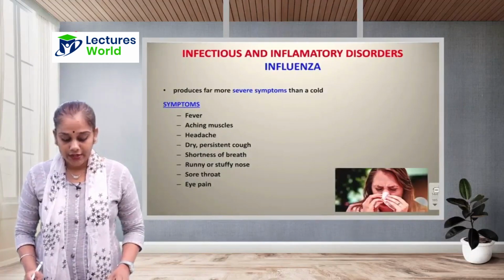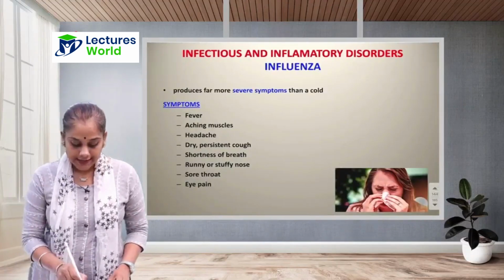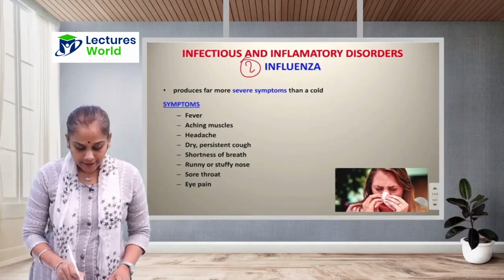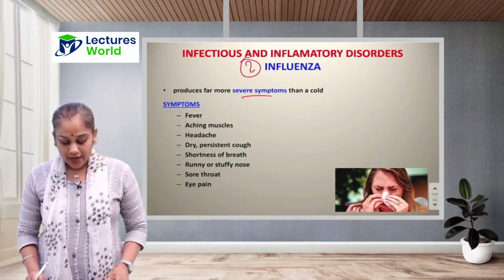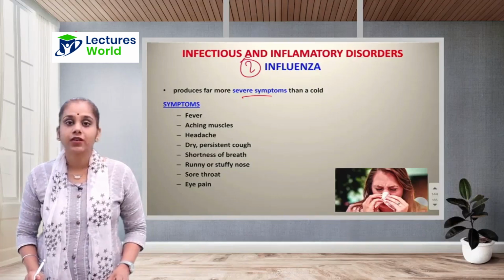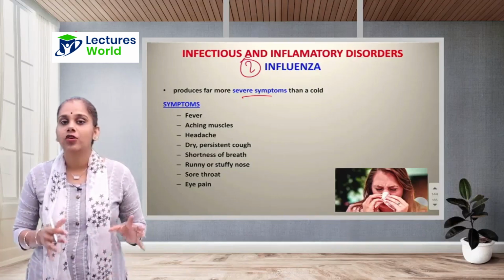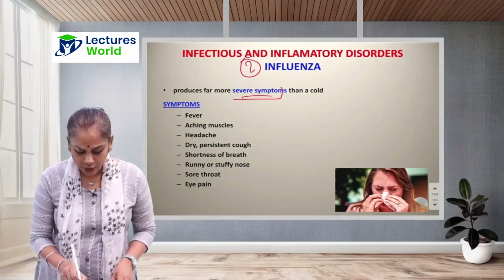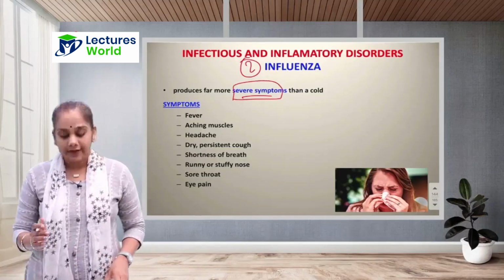Now, in the infectious and inflammatory disorders, the second condition is influenza. Influenza produces far more severe symptoms than a cold. It is like a common cold, but has more severe symptoms.